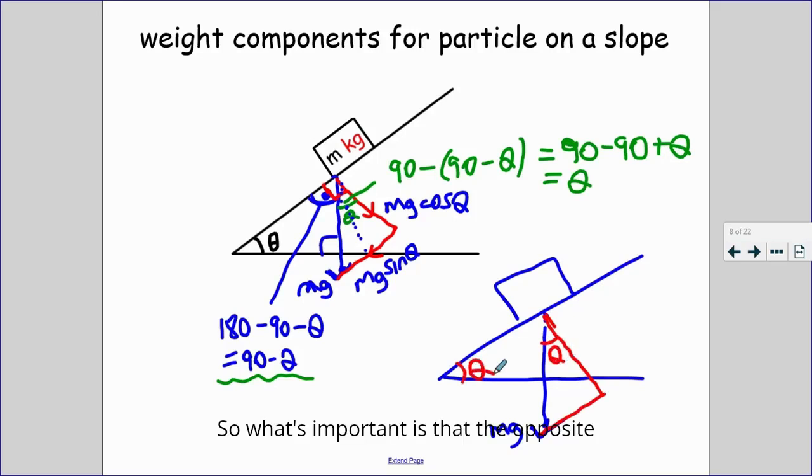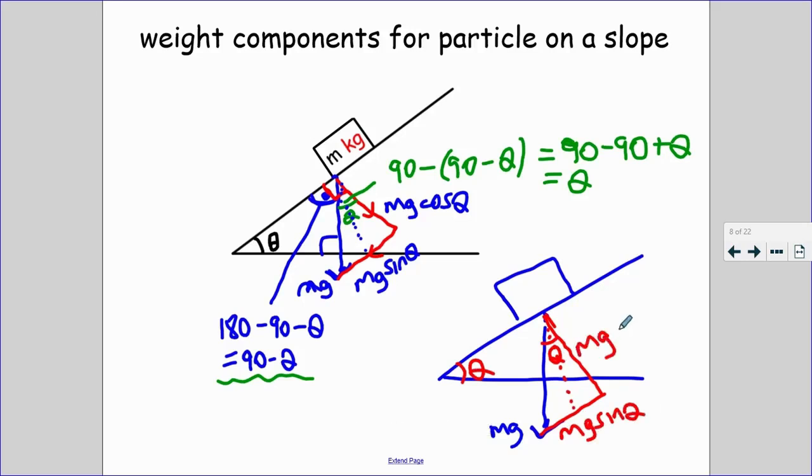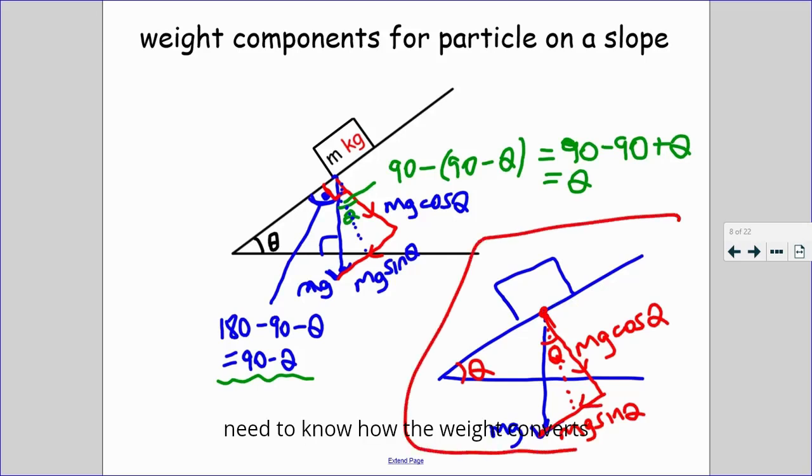So what's important is that the opposite to the angle is mg sine theta, and the adjacent is mg cos theta. Okay. And make sure you get the directions correct as well. So we're starting here and ending there. Okay. So this is what you need to know, how the weight converts into two components. And I'll show you more in the next few slides.